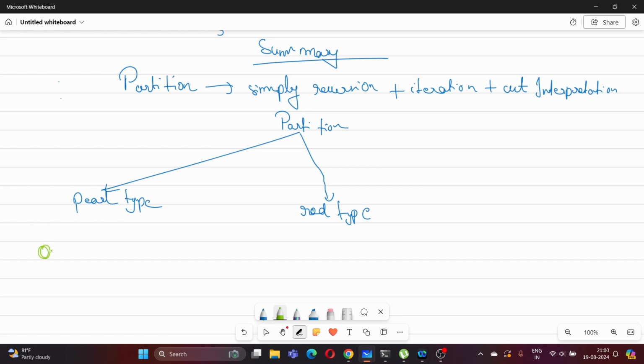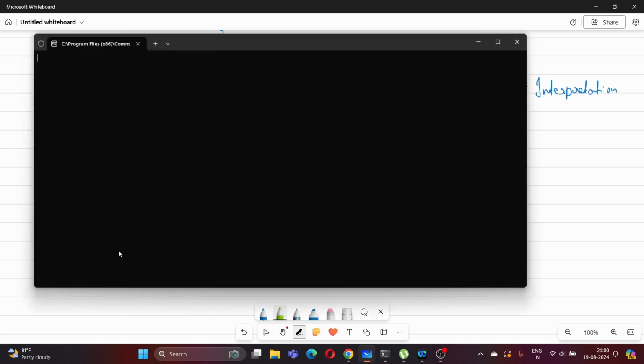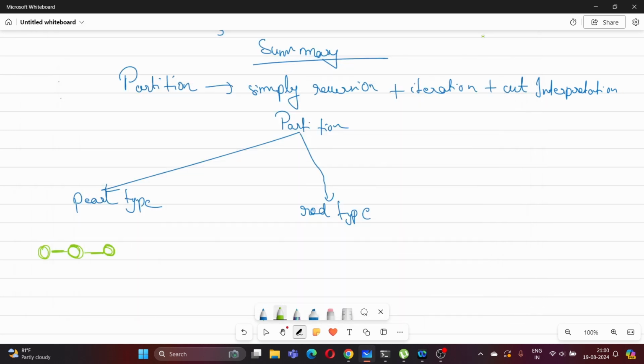Basically pearls, like this, right? Rod type, what does it mean? It's a rod, a calibrated rod. Here it is 0 1 2 3.